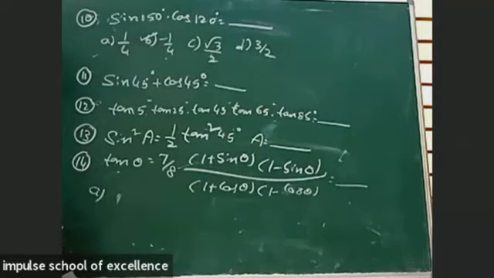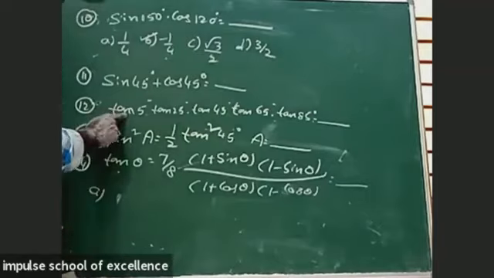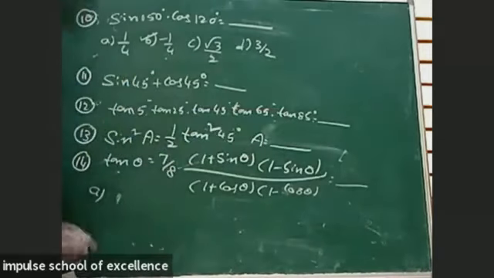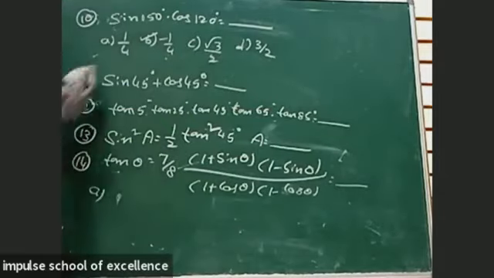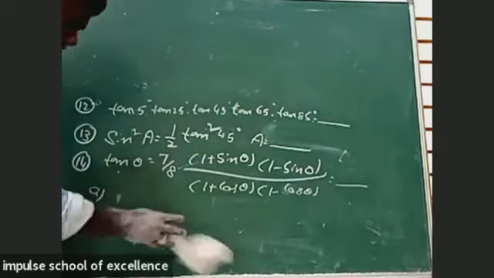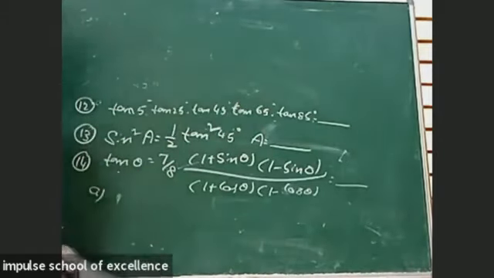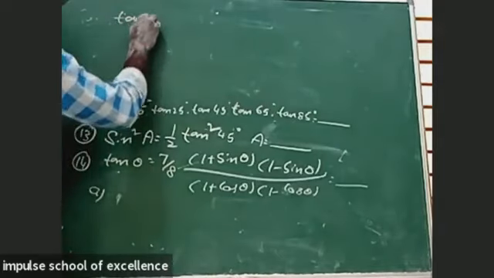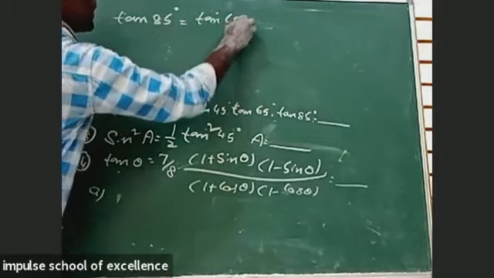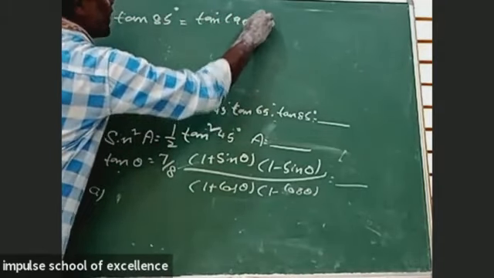Here the 12th one is tan 5 degrees, tan 25 degrees, tan 45 degrees, tan 65 degrees, tan 85 degrees, right? Tan 85 degrees we can write as tan of 90 minus 5 degrees.